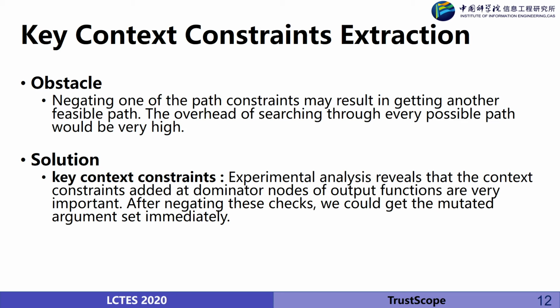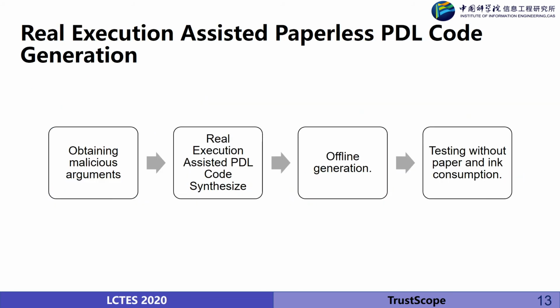After negating these checks, we could get the mutated argument set immediately. Since these checks exist in every path to the output function, we only need to analyze one of these paths, which is very effective and imposes very low overhead.